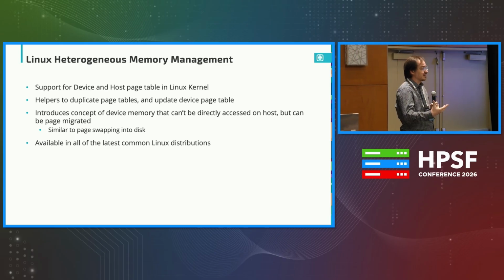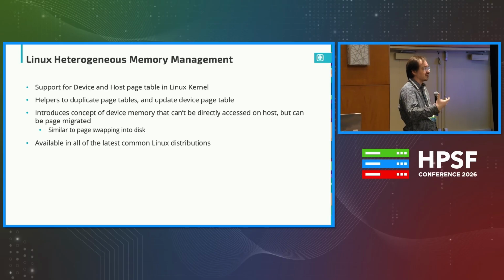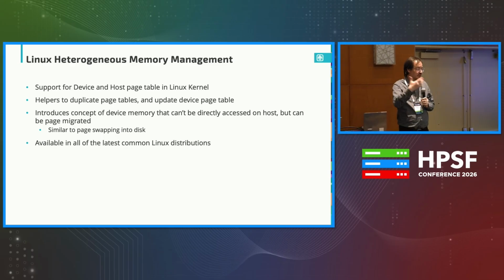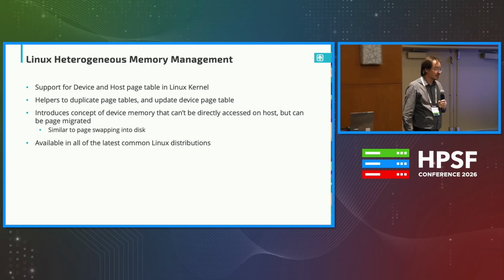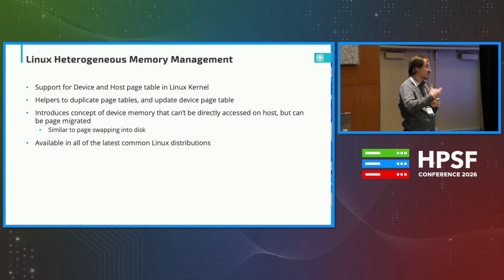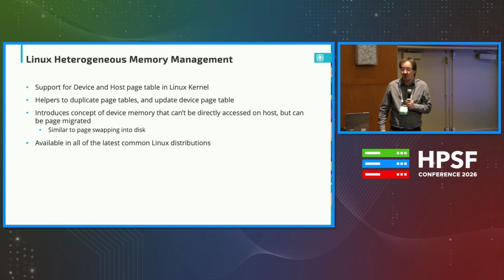What that basically does is provide a potential software fallback for page management, which the kernel does during page faulting and the process of migrating memory. Essentially, the Linux kernel now comes with interfaces which vendors then implement in their drivers for the actual memory migration.